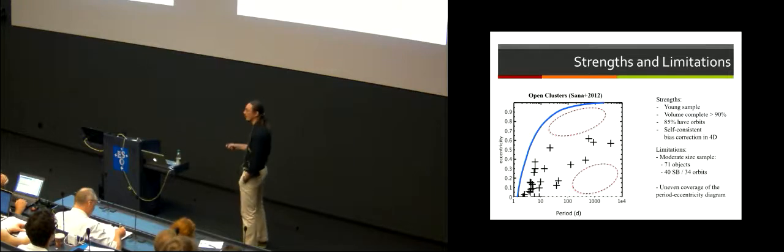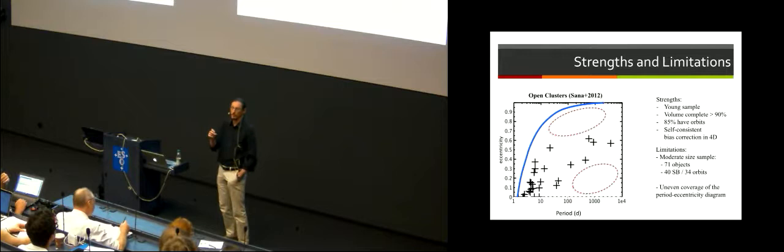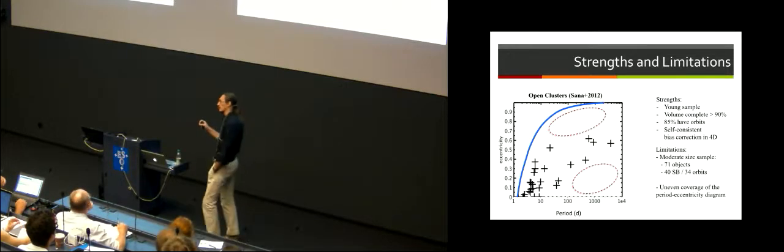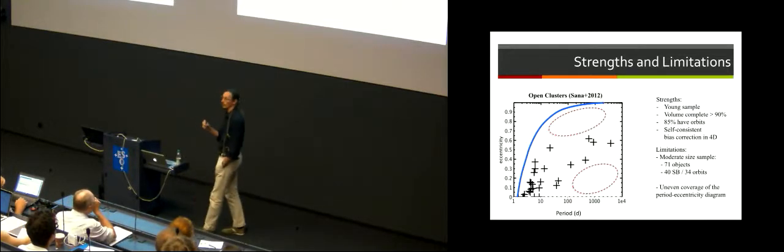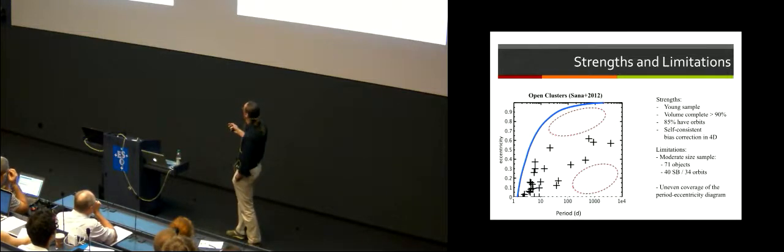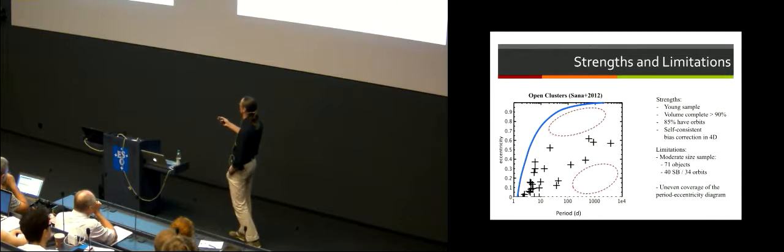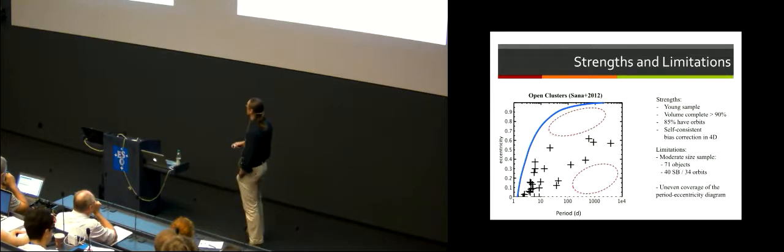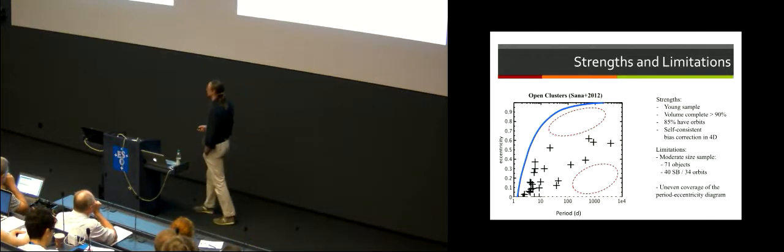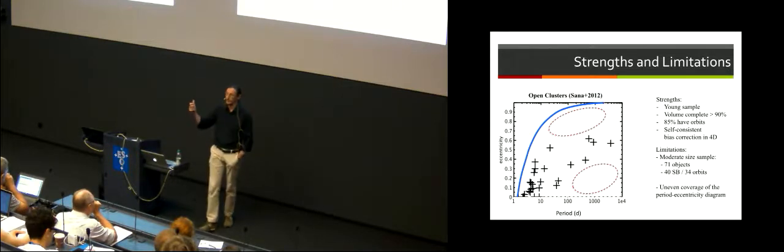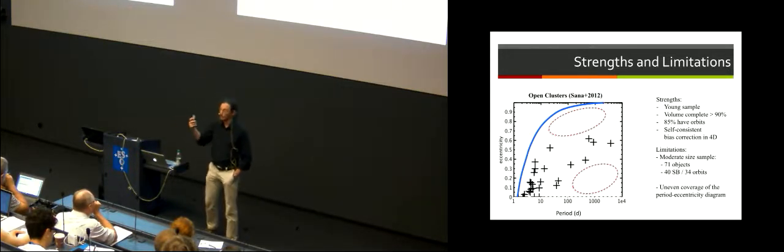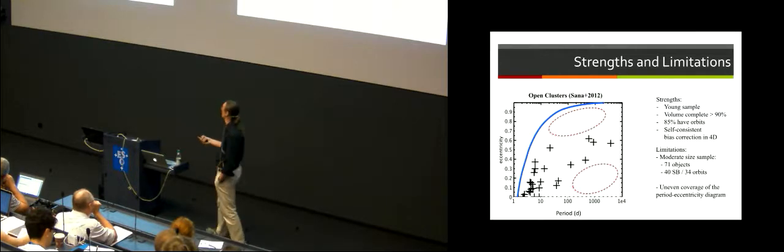We were volume complete, looking at different clusters, and for every one of those clusters, we managed to secure multi-epoch radial velocity measurements for over 90% of the O stars in that cluster. 85% of the detected binaries have an orbit, so that we can measure the actual orbital distributions. And we had a self-consistent method in 4 dimensions to correct for the observational biases, the 4 dimensions being the multiplicity fraction, period, mass ratio, and eccentricity.